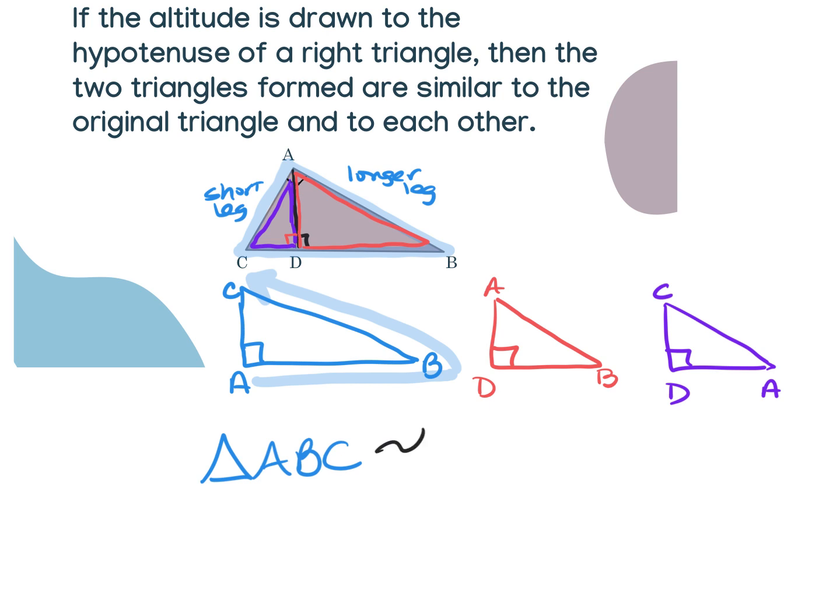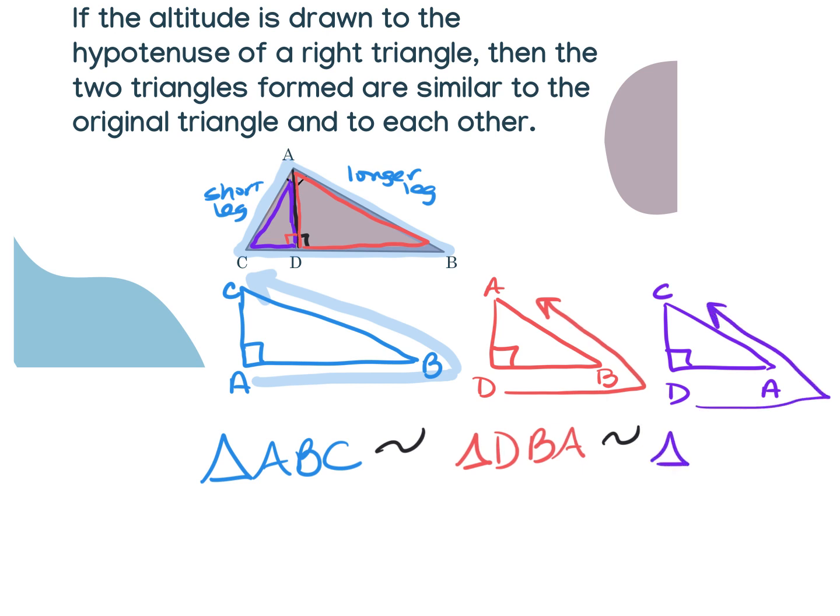So then for the next one, I got to go the same way. I start at the right angle, and then I go over and up the hypotenuse. So start at the right angle, go along the longer leg, and then up the hypotenuse. And then do the same thing for the purple, start at the right angle, go up that way, and up the hypotenuse.